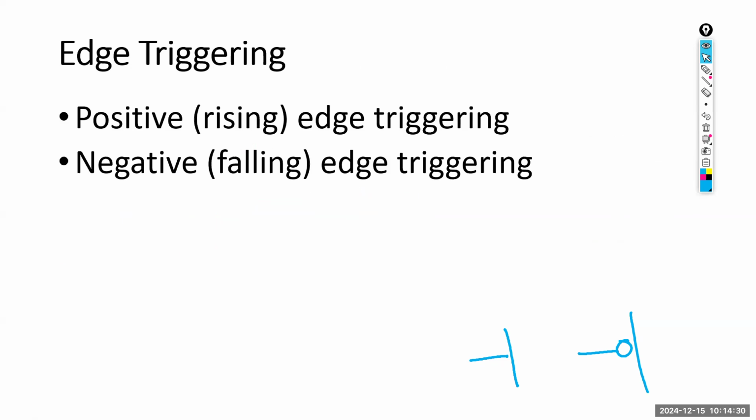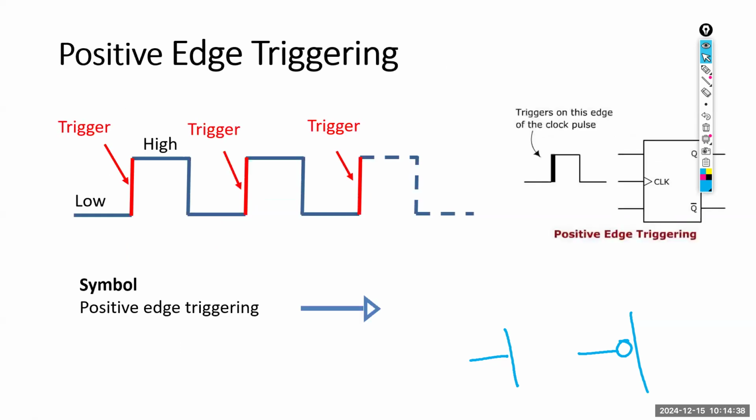So then when it comes to edge triggering, you have the rising edge triggering or positive edge triggering, and the falling edge or negative edge triggering. Positive edge triggering means you trigger the circuit or you make some change to your circuit state during the rising edge. Not during, it's just a very tiny period. So the symbol is something like this. So this is positive edge triggering, negative edge triggering.